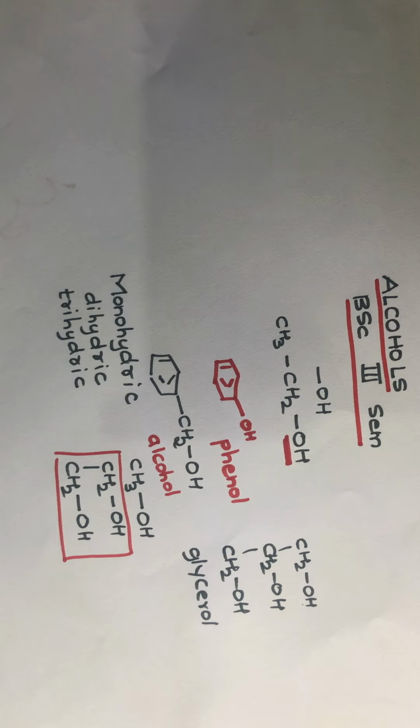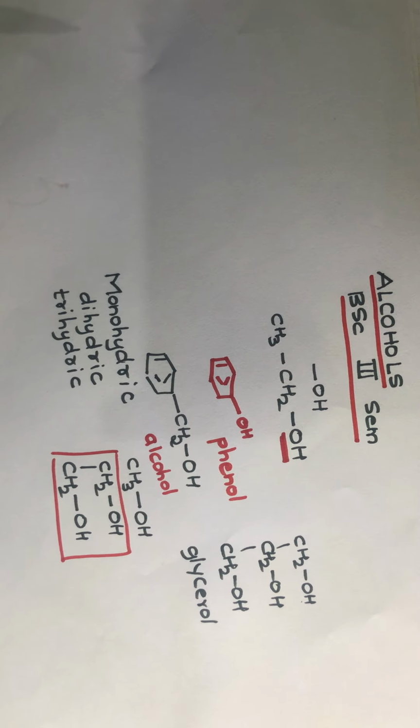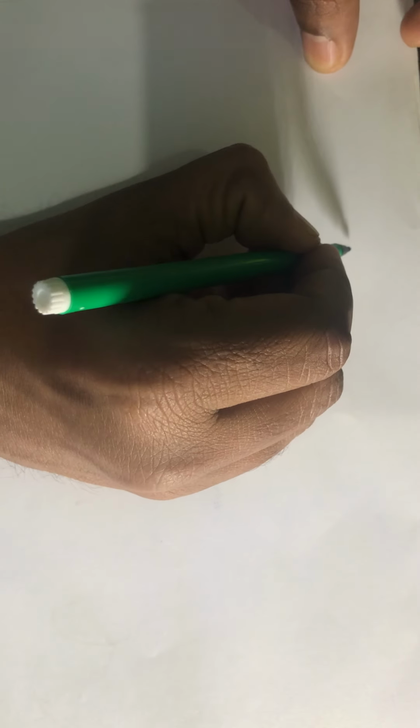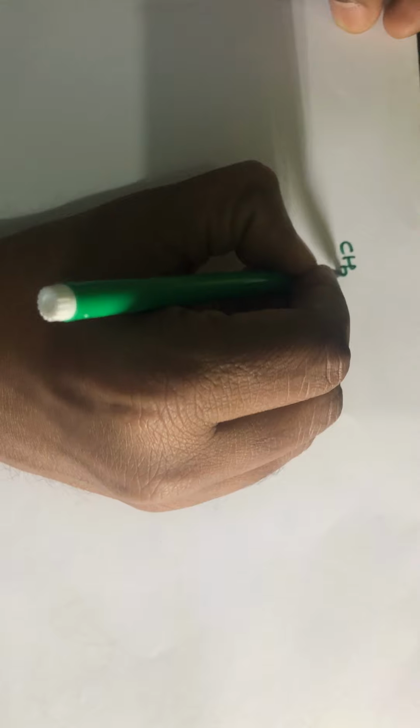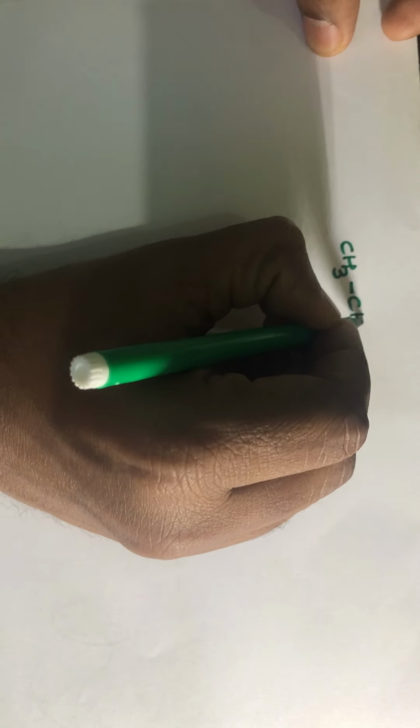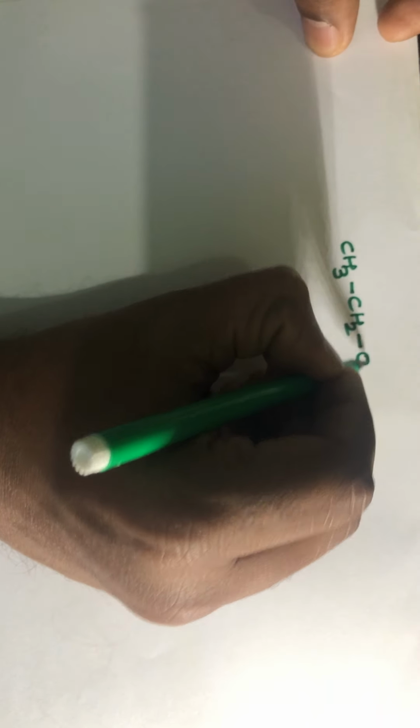Now let us see how these alcohols are named. Okay, IUPAC system of naming is what we are going to discuss now. So hope you know the IUPAC system of naming. Okay, I will take a simple example. CH3CH2OH.